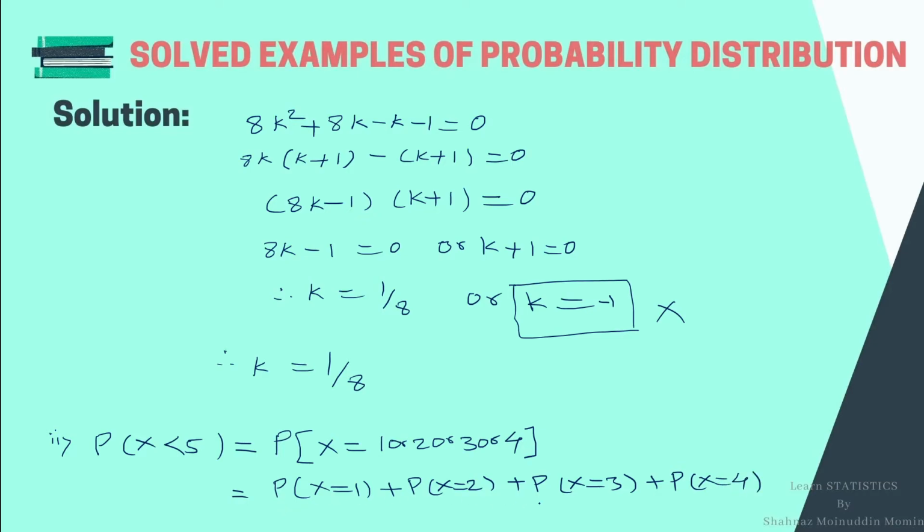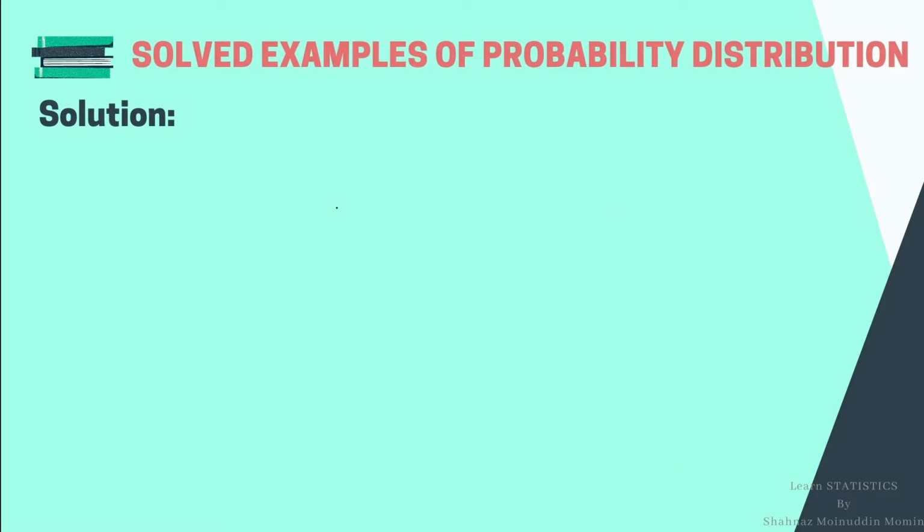Substituting all the probabilities, we get x less than 5 is equal to, we can substitute these probabilities from the given probability distribution table, and that are k plus 2k plus 3k plus k square.